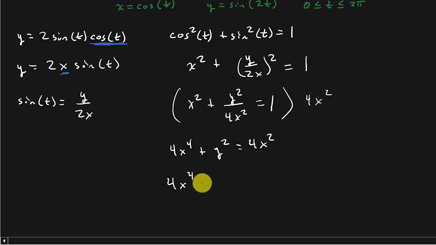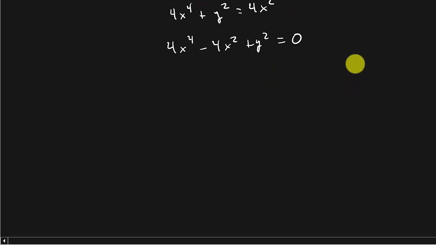So 4x to the 4th minus 4x squared plus y squared equals 0. All right, so how about that? Now we just got to graph that thing, don't we? And guess what? We have no idea how to graph that, do we? No, we don't.